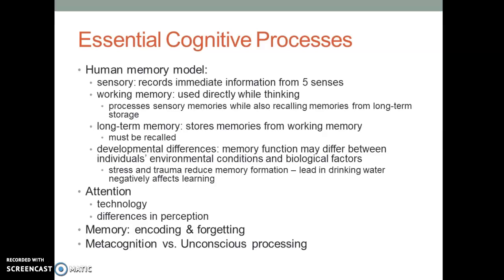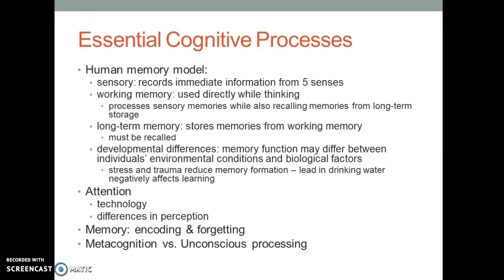Again, some essential cognitive processes, the human memory model, some additional thoughts on that. Stress and trauma can increase memories if it's something scary, but then also oftentimes if it's really a prolonged amount of time that goes on, we may not remember what happened very clearly at all.